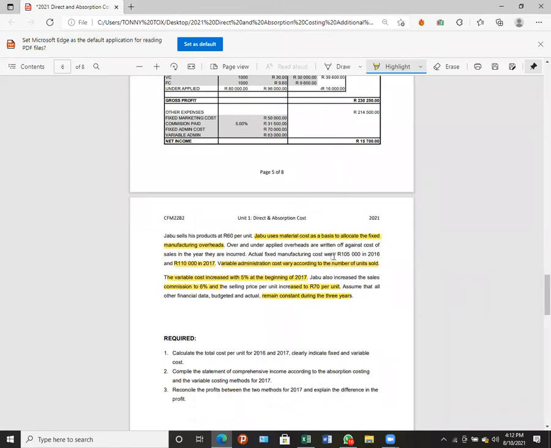Actual manufacturing overhead costs were 105,000 in 2016 and 110,000 in 2017. The variable administrative costs vary according to the number of units sold.